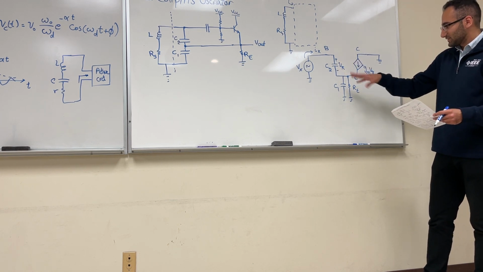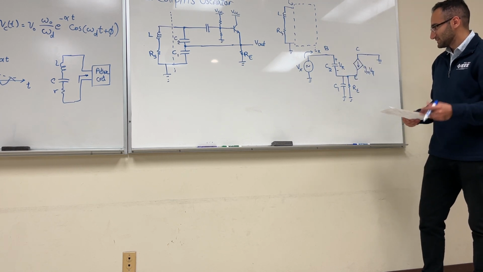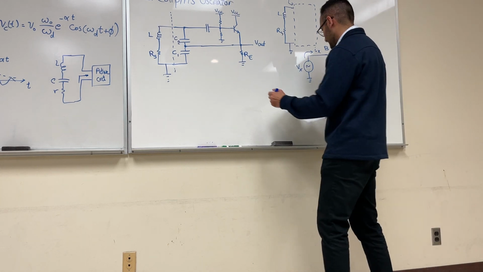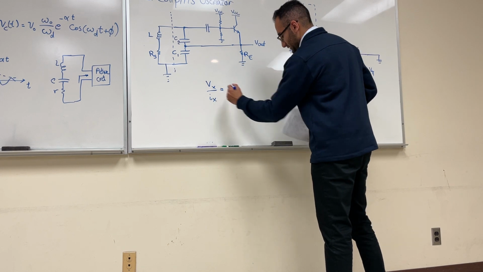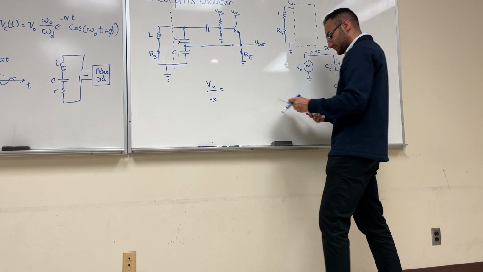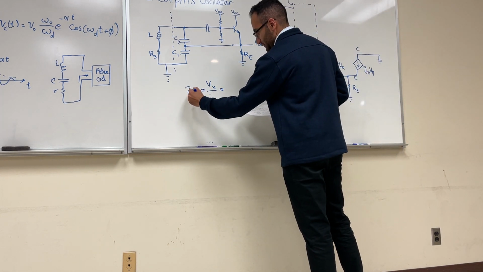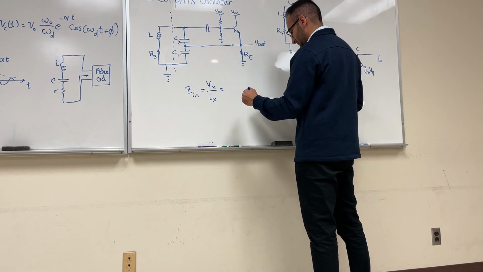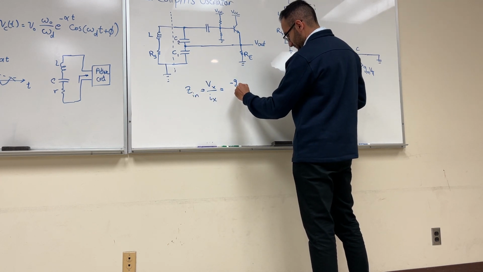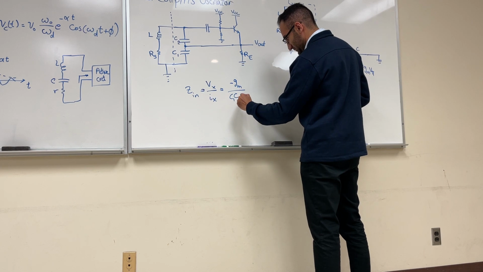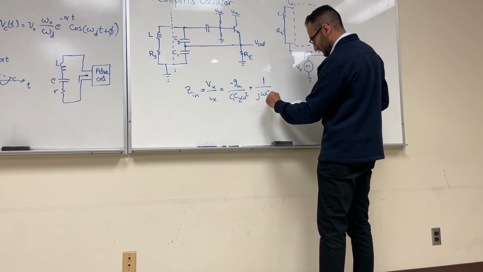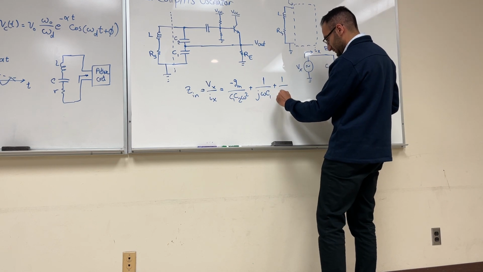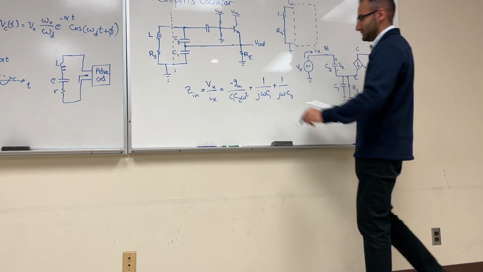So if we do a bunch of KVL, KCL, what we will get is that Vx over Ix is going to be equal to, which we are naming Zin for now, minus gm over C1 C2 omega squared plus 1 over j omega C1 plus 1 over j omega C2.